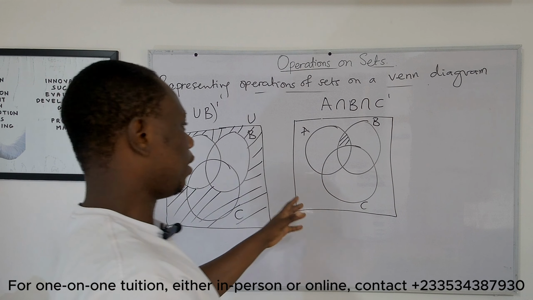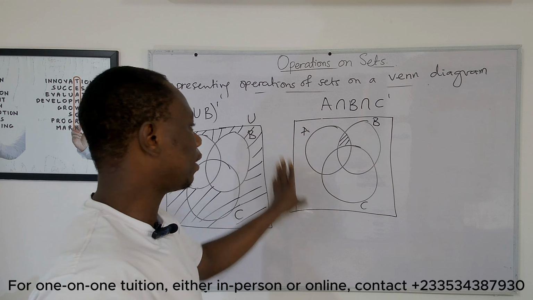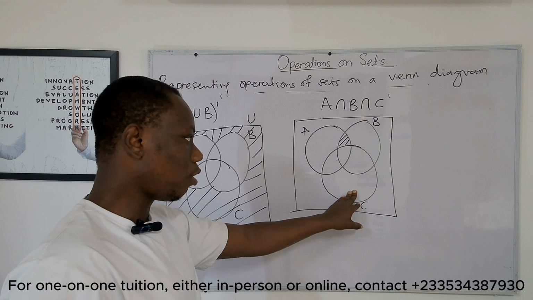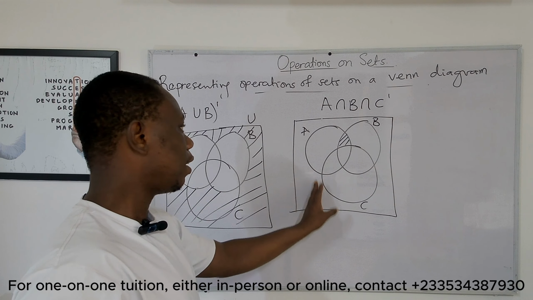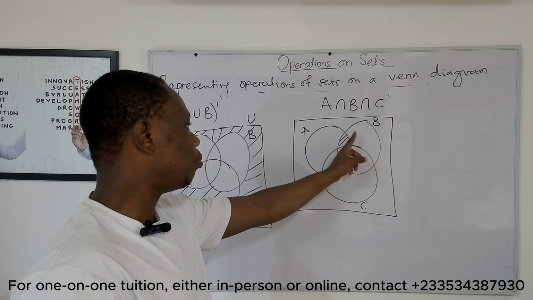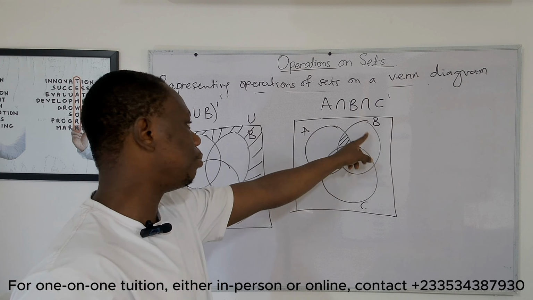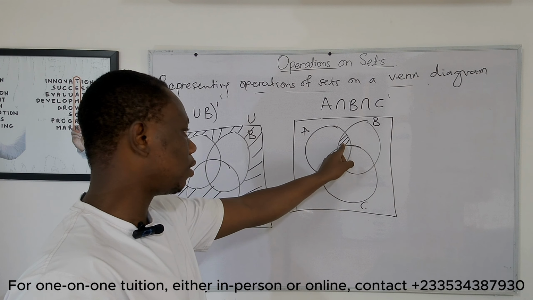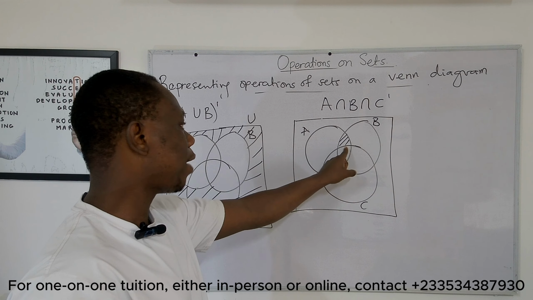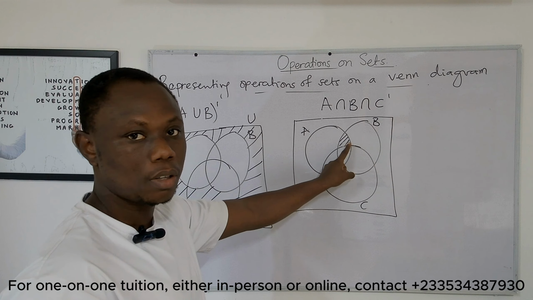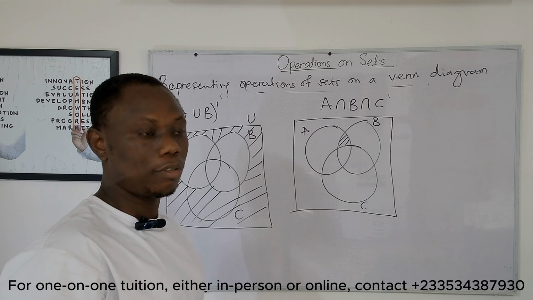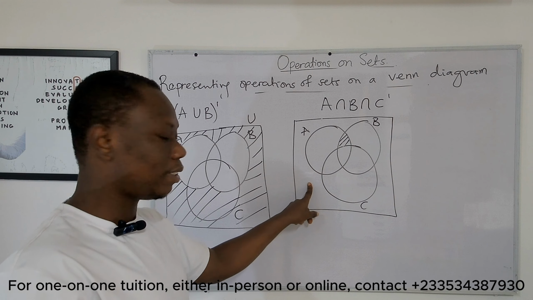So I hope you understand. C complement is all that is outside of C. A intersection B is what is in A and also in B at the same time. This is also part of C complement. If you're outside here, you are just in C complement.